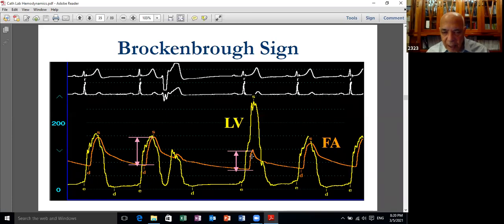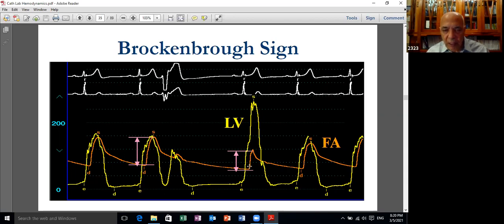Look at the ascending limb, it's sharp and almost parallel to the anacrotic limb of the ventricular pulse wave. And this is in contradistinction to valvular aortic stenosis, where you get a delayed appearance of the pulse wave. So the ascending limb will be oblique like that, and I will show you an example of that.